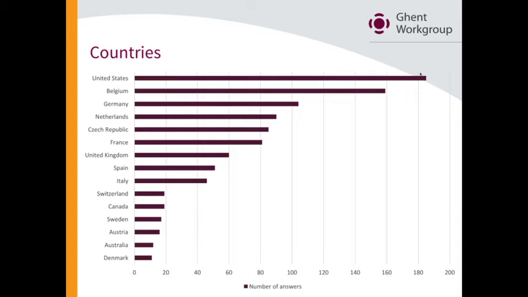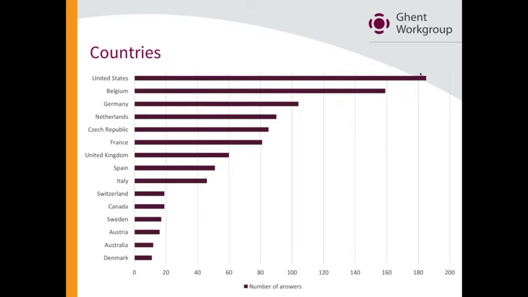Still, you can see some of the focus of the Ghent Workgroup historically by looking at the numbers 2, 3, 4. Belgium and the Netherlands score very high, Germany scores very high, and that is of course because in those countries the Ghent Workgroup has a very long history and is very well represented by the user organizations there as well.